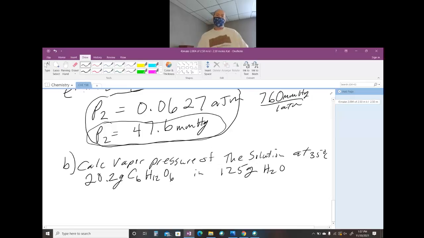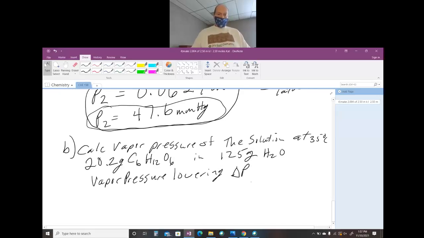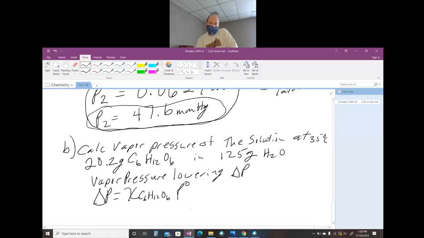So you have a boiling point elevation, you have a freezing point depression, you also have a vapor pressure lowering. All right, and so that is your delta P, the vapor pressure lowering. There are going to be two equations given, one with the delta P. Delta P is equal to the mole fraction of your solute, in this case C6H12O6, times the pure pressure of your water at that temperature, which we calculated, 47.6 millimeters of mercury.